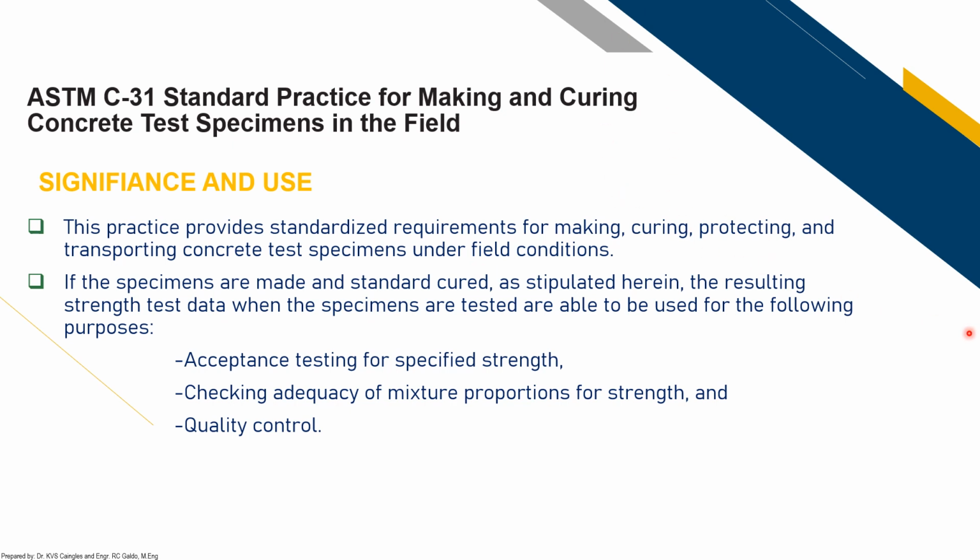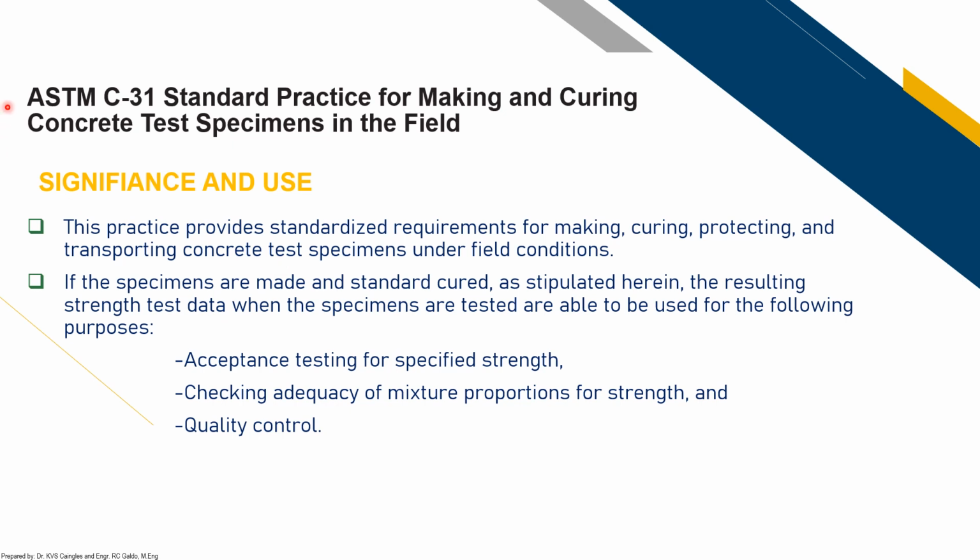That is the difference in coverage: ASTM C192 is only up to curing of concrete test specimens prior to testing, whereas C31 covers making, curing, protecting, and transporting, since the specimens move from the field towards the laboratory.